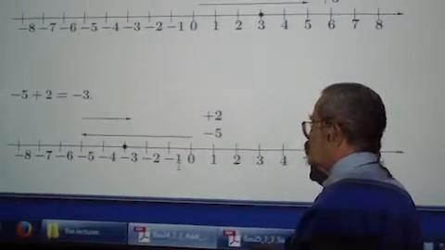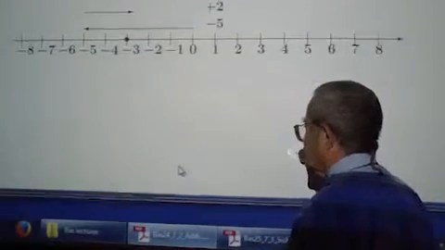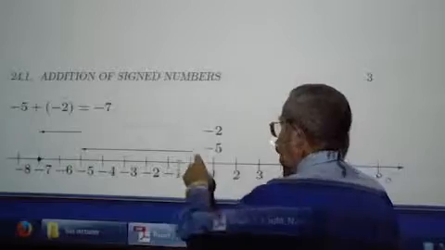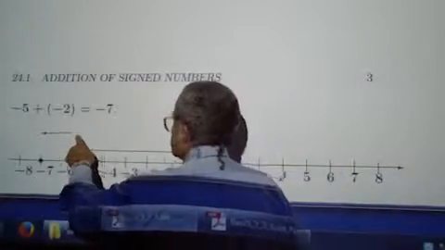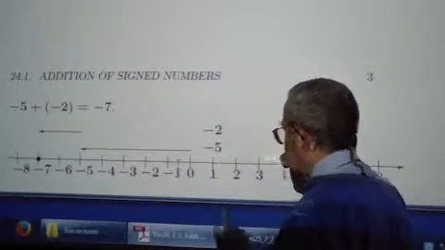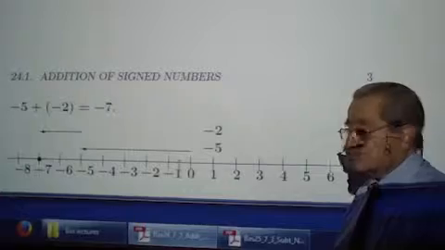So -5 plus 2 is -3, using arrows. And -5 plus -2 makes you end at -7. So that's another way of working with the addition of signed numbers.